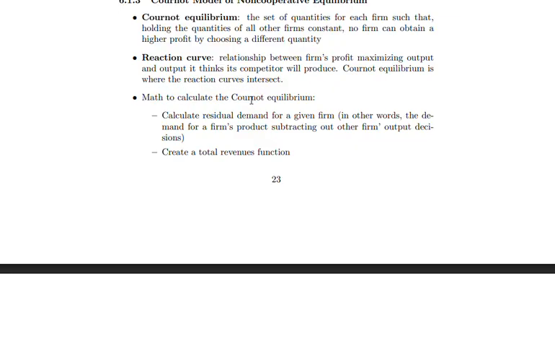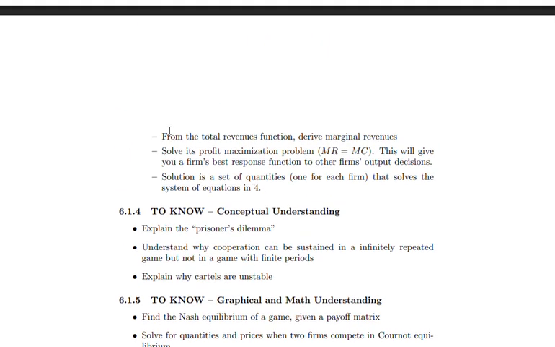Now the math to calculate the Cournot equilibrium. You need to calculate the residual demand for a given firm. In other words, the demand for a firm's product, subtracting out other firms' output decisions, and create a total revenue function.